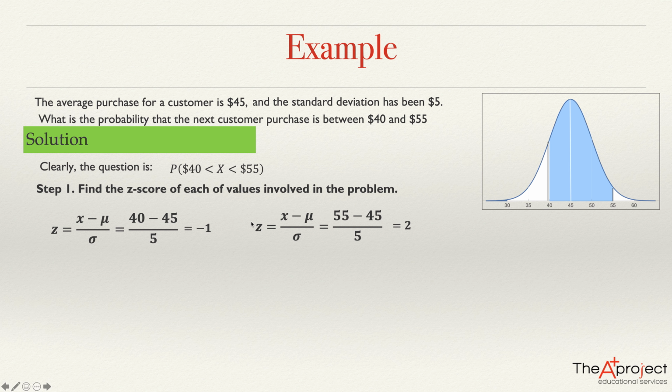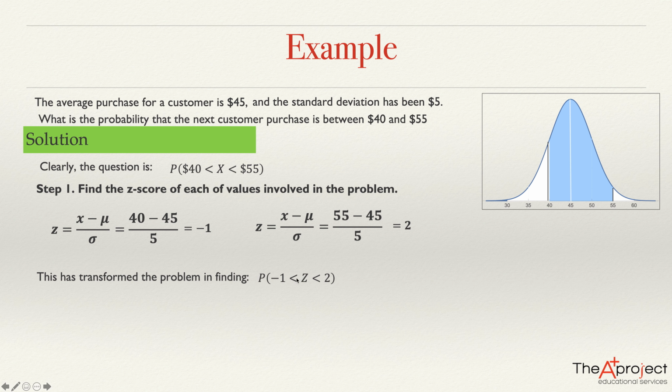So that means that I have transformed all of these values into z values. Now the question that was initially this way has been transformed into this problem: what is the probability that the z value, the standard normal variable, be between -1 and 2?